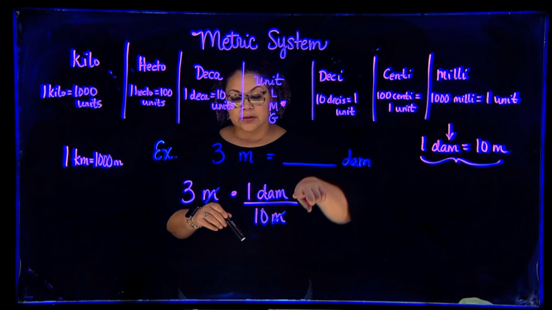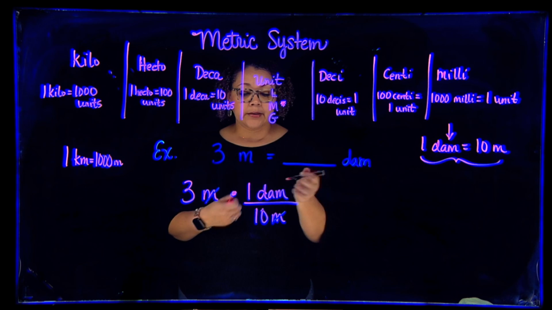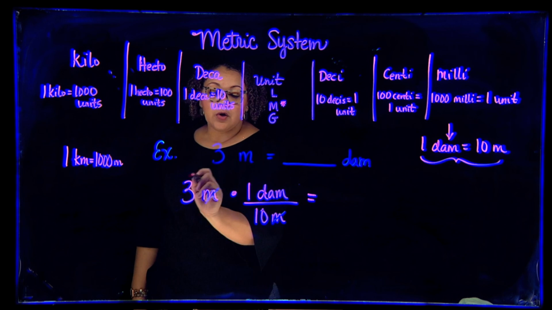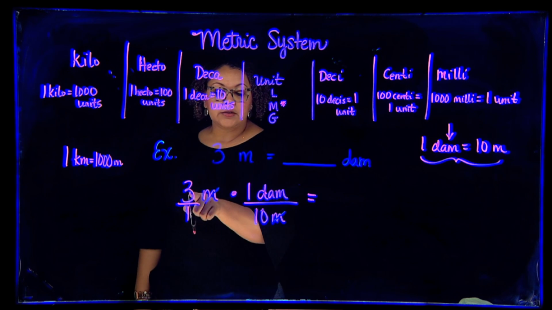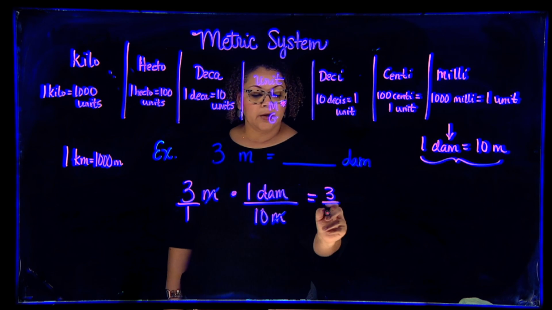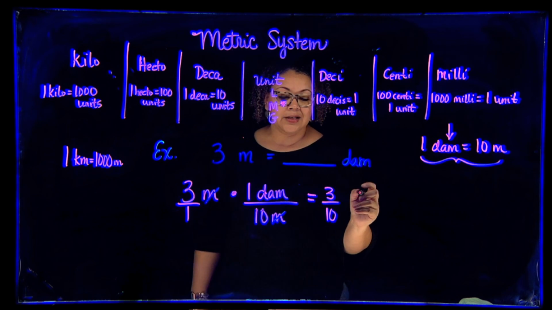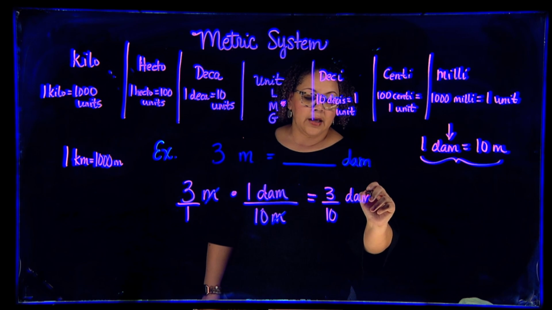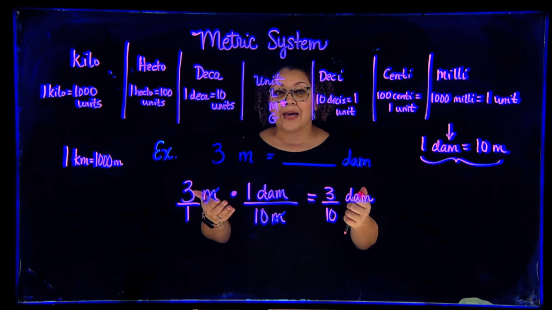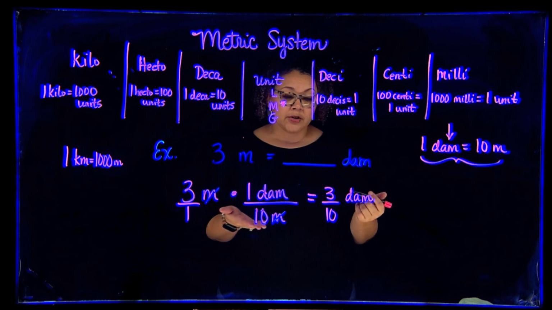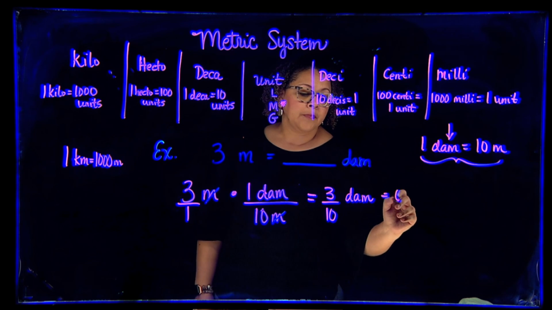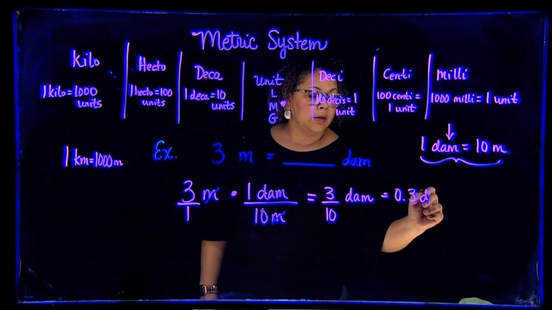So I have the desired unit of measurement left. And when I do the math, remember this whole number is technically written over 1. So we would have 3 times 1 when you multiply 2 fractions, and 1 times 10. So this is 3/10 decameter, and depending on the context of the problem that you're trying to solve, you might be asked to leave your answer as a fraction or as a decimal. So we know that 3/10 is also 0.3 as a decimal.